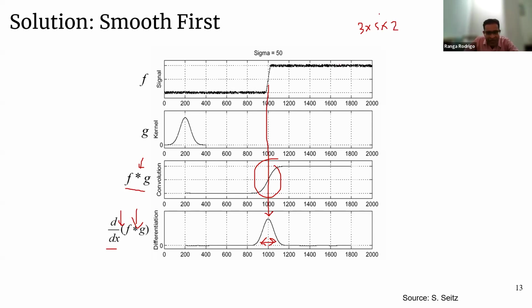What we have decided to do is do the 5 times 2 multiplication first and the other multiplication next. Or we can do the 3 times 5 multiplication first, and then multiply that by 2. This is correct. So for linear operators this operation is correct. Therefore, we can first differentiate the Gaussian kernel and convolve with f.